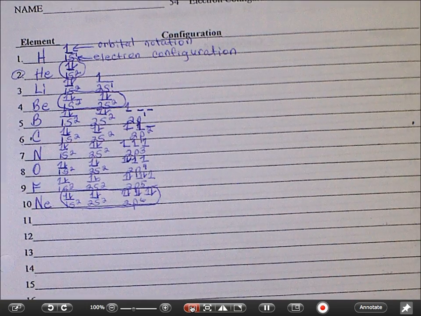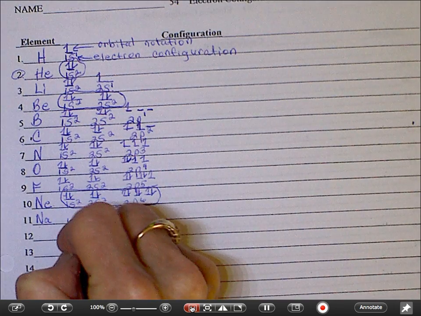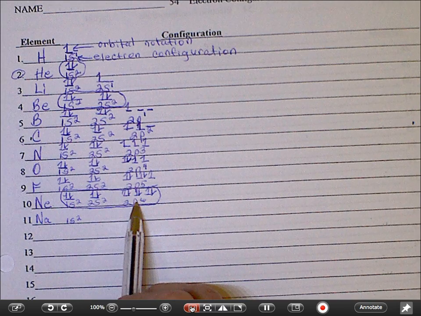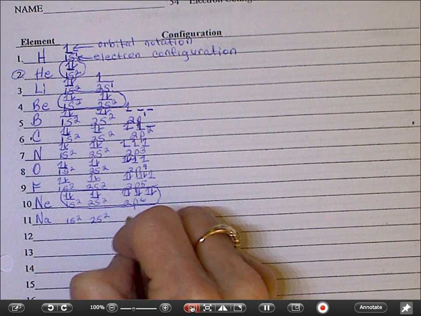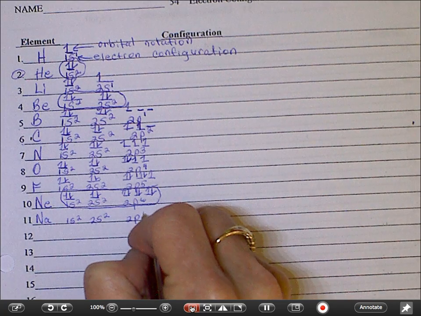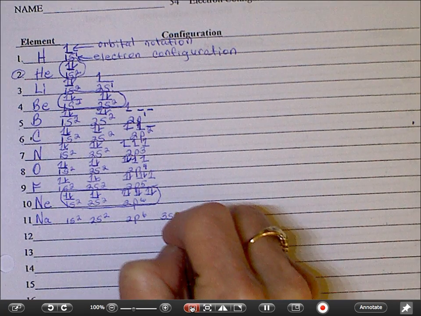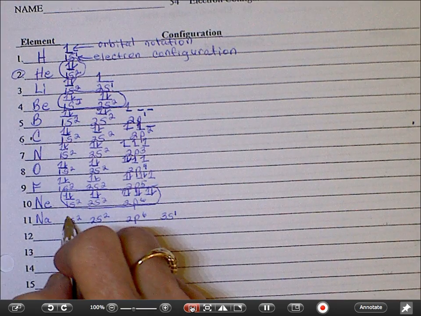Okay. So this is sodium. I got 1s2. I'm literally copying what's in front of me. 2s2, 2p6, and we said sodium lives at 3s1. There's its electron configuration.